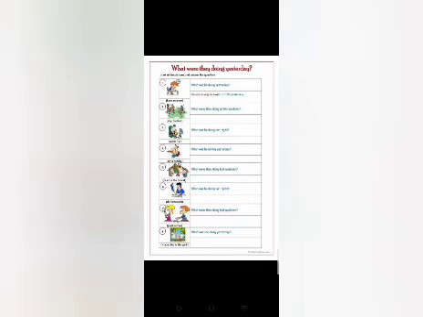They were playing football at the weekend. Number 3: this is a man, and I think he's watching TV. So the question is, what was he doing last night? Yes, he was watching TV last night.